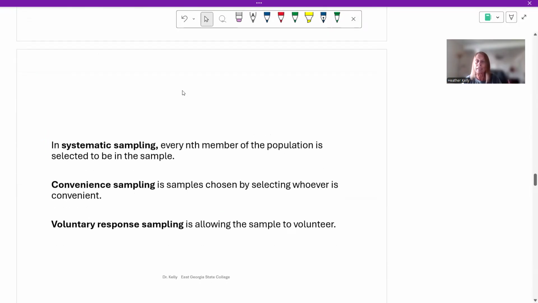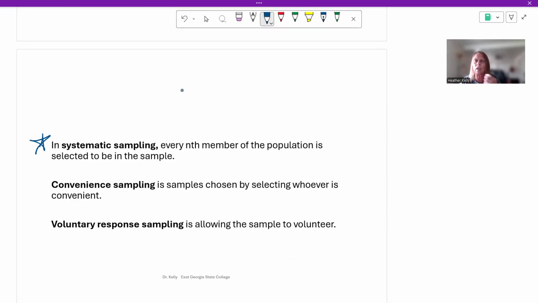There is systematic sampling. Now, this happens a whole lot, and I think that this is kind of fair. That's when every fifth person that comes through the door at the store gets a free ice cream cone or something. That would be systematic sampling.